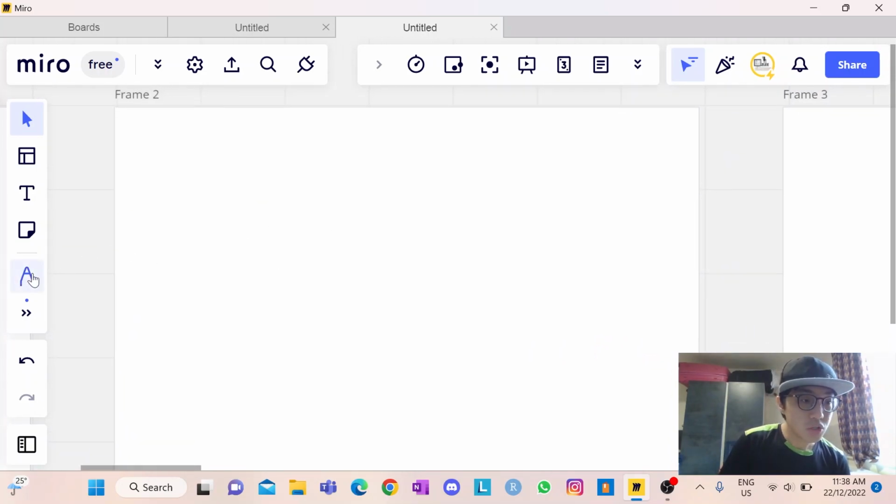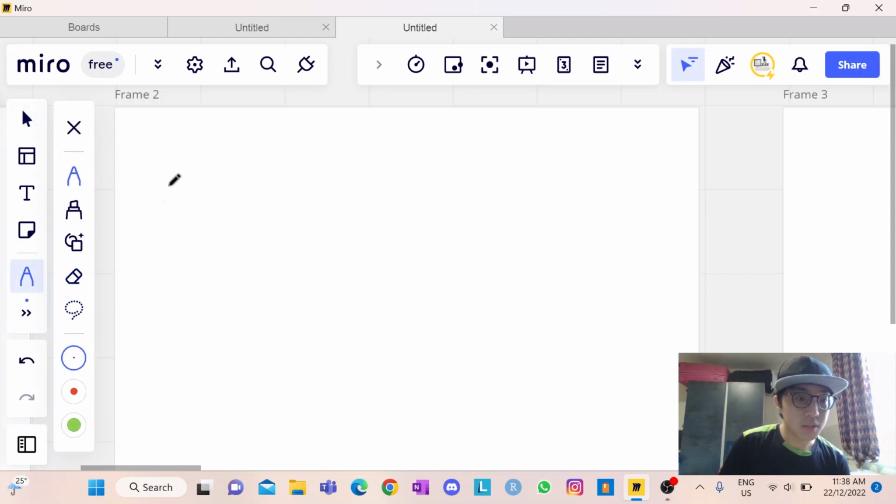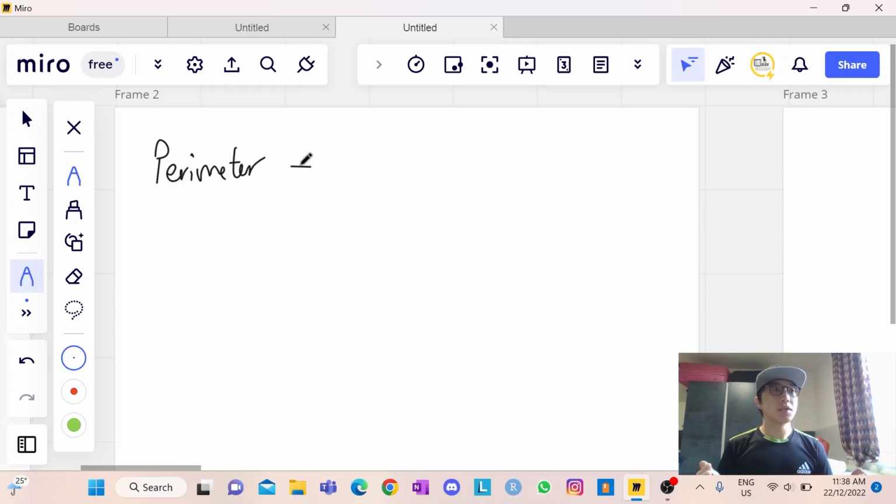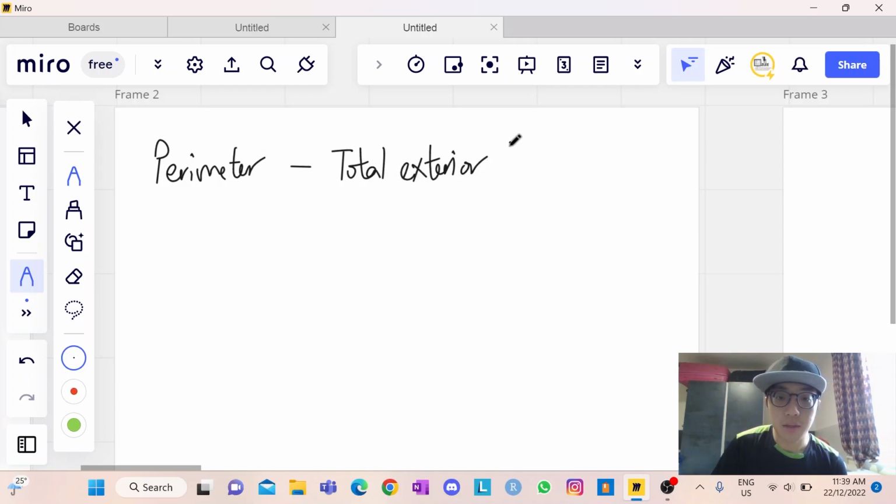Okay, so the perimeter is something like the total exterior length of a shape. All right, so I'm gonna say the total exterior length of any shape.